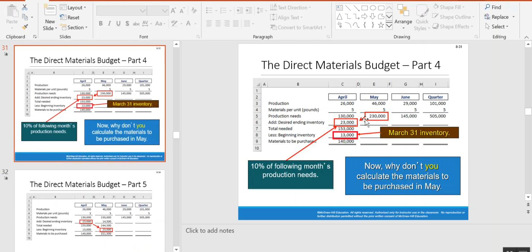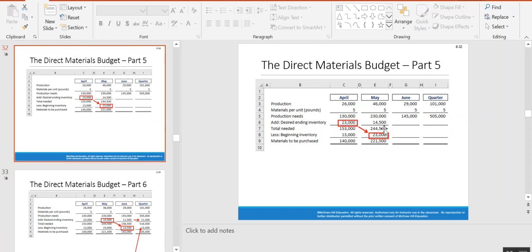In order to get that, we do this calculation here where we take 230,000 and take 10% of that, and we get 23,000 here, and we add that to the production needs in April. With that total of 153,000, we then back out the beginning inventory, which was given to us in the problem, 13,000. So now we have materials to be purchased of 140,000 pounds of raw material.